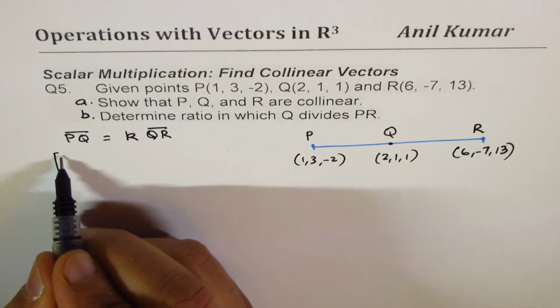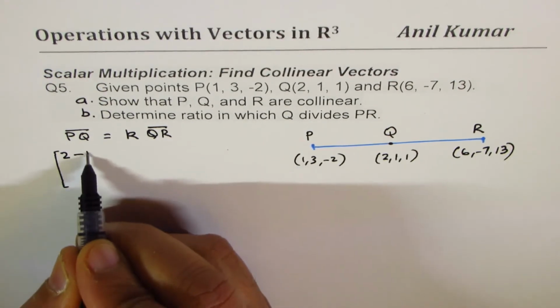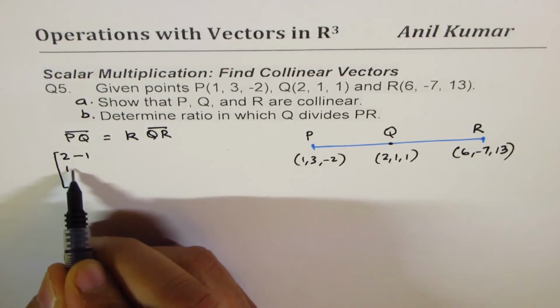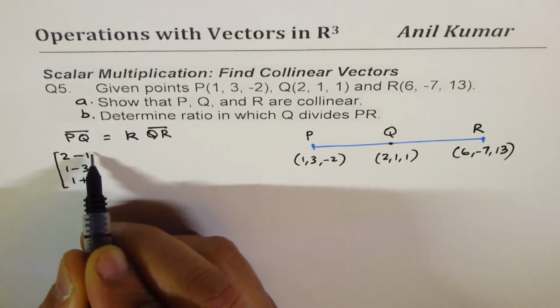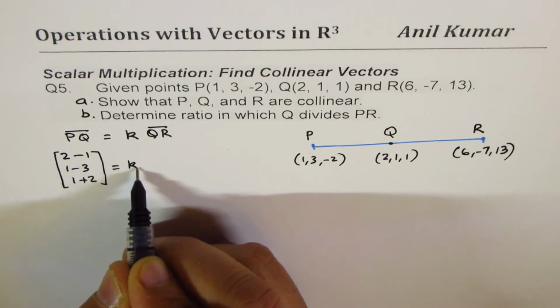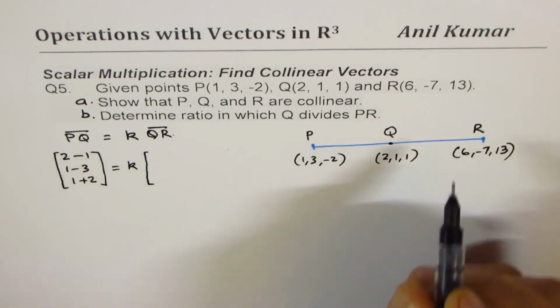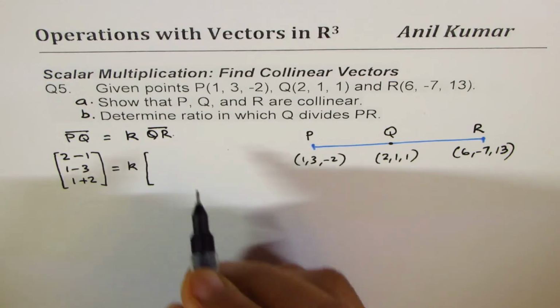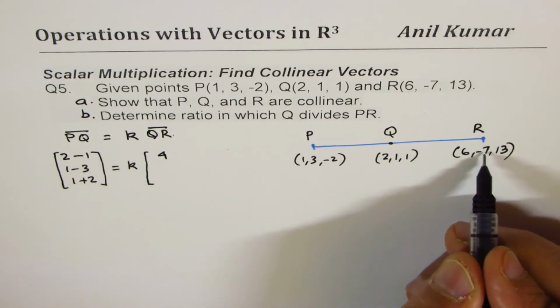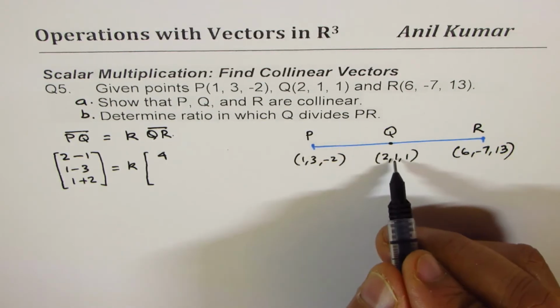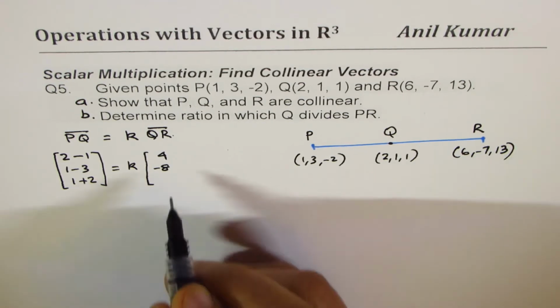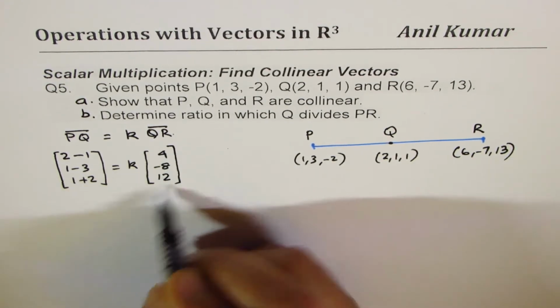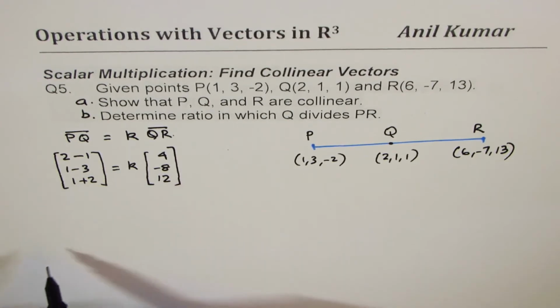We get 2 minus 1, 1 minus 3, 1 minus minus 2. That means 1 plus 2. That is PQ, equals K times QR. QR is 6 minus 2 is 4, minus 7 minus 1 is minus 8, and 13 minus 1 is 12. So that is K times this.